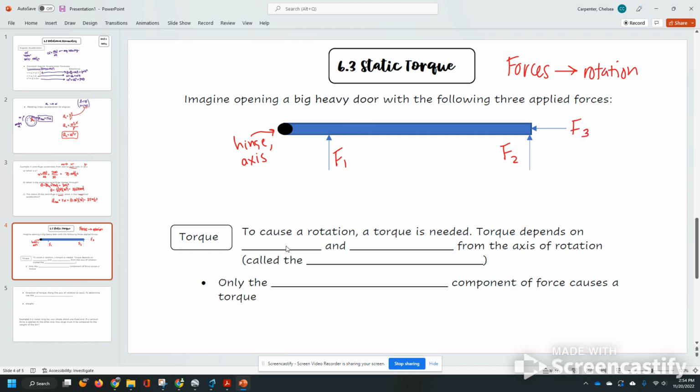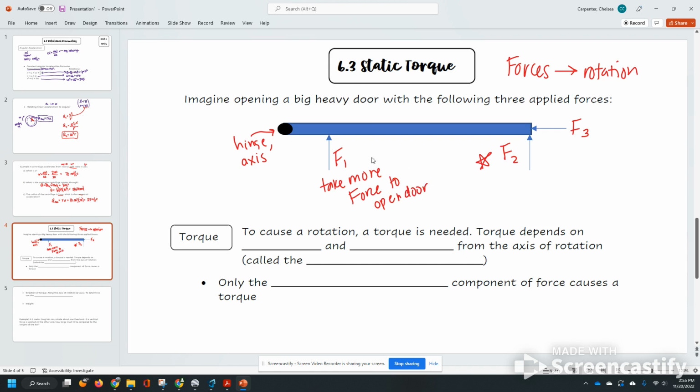Okay. So think about if you pushed on a big heavy door, which of these forces would be the most ideal place to push on the door if you wanted to open it? It's probably going to be this one out here because it's going to take less force to open the door out here than in here. This is going to take a lot more force to open the door.